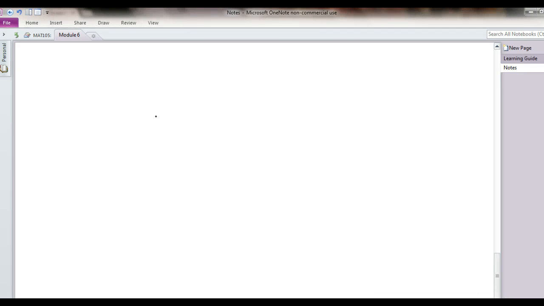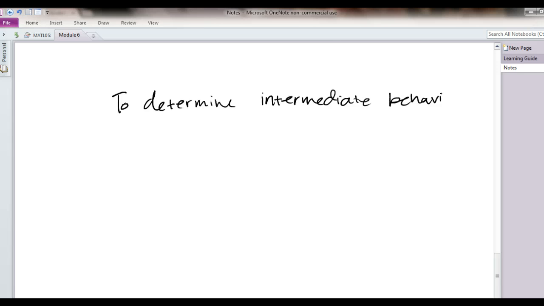So to determine intermediate behavior, we write in complete factored form.